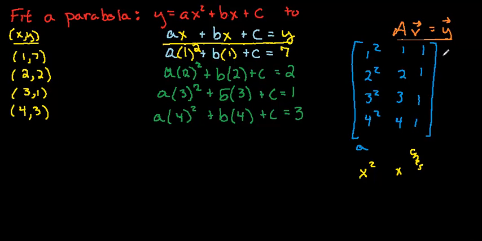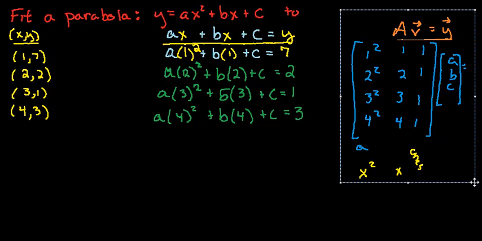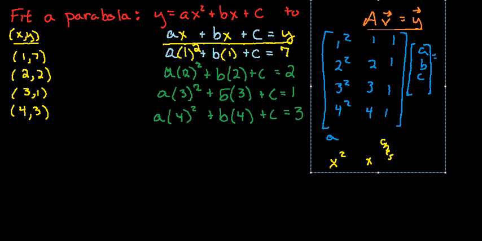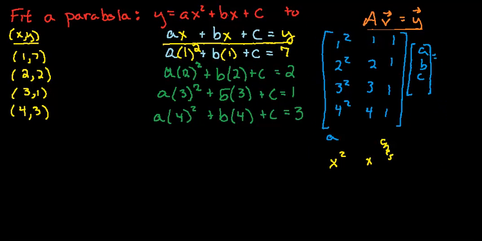And this is going to be multiplied times our vector A, B, C, and then that is equal to our constants, which are 7, 2, 1, 3, and that is our column vector for y.